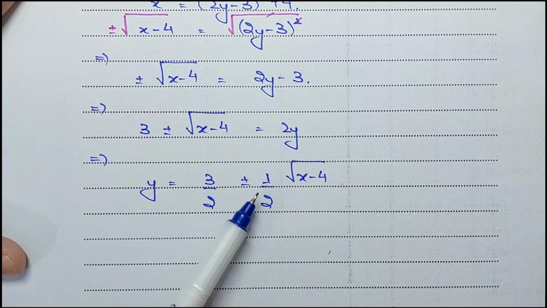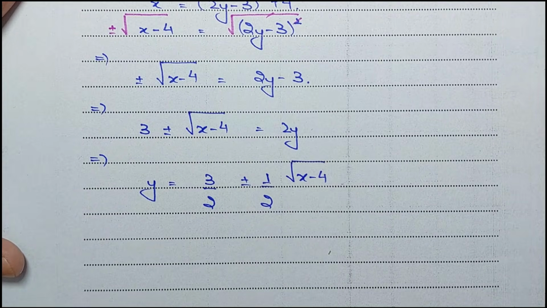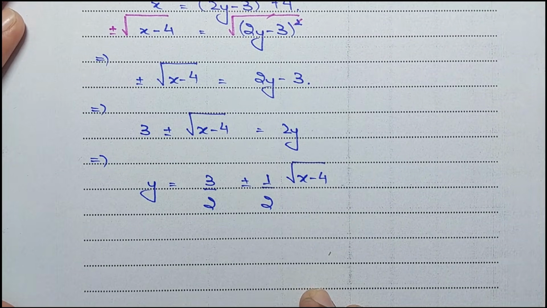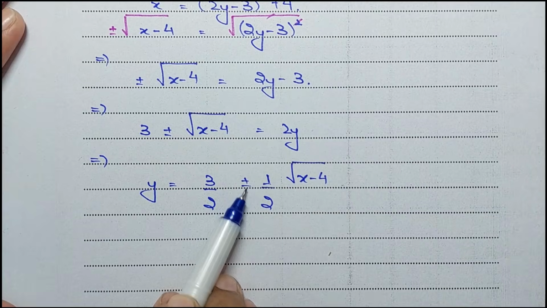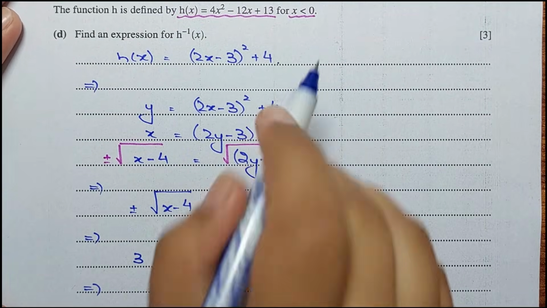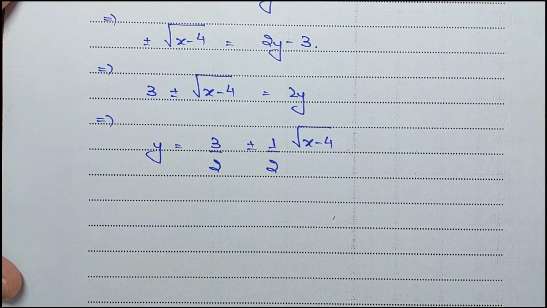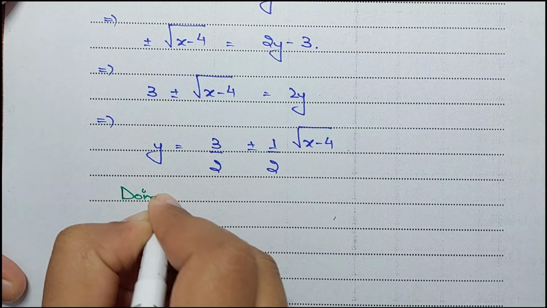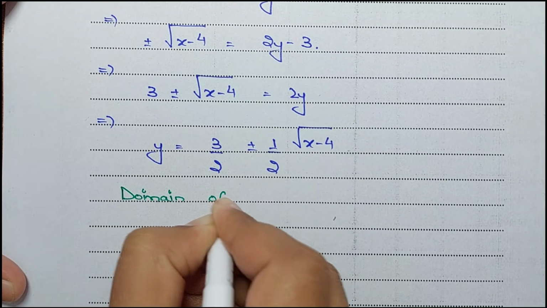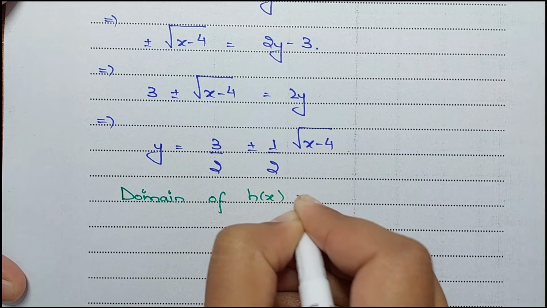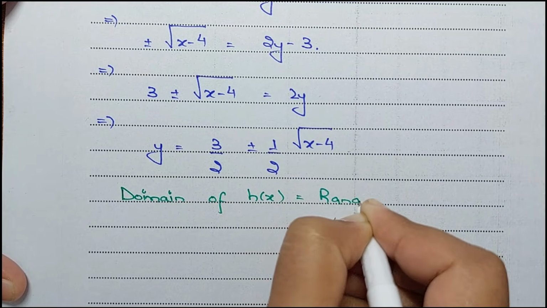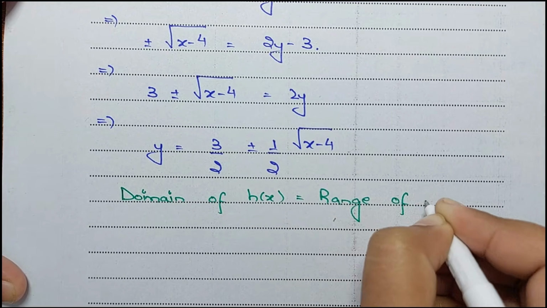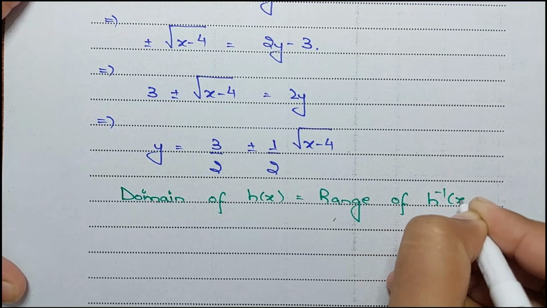Now we can take positive or negative, so we have to decide whether the sign is positive or negative. Look at the domain. We know that the domain of h of x is equal to the range of h inverse of x.